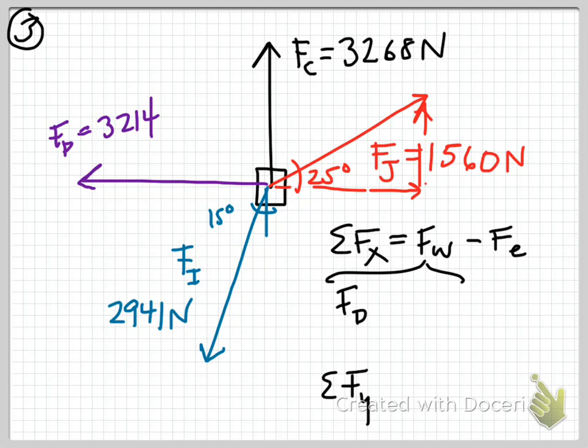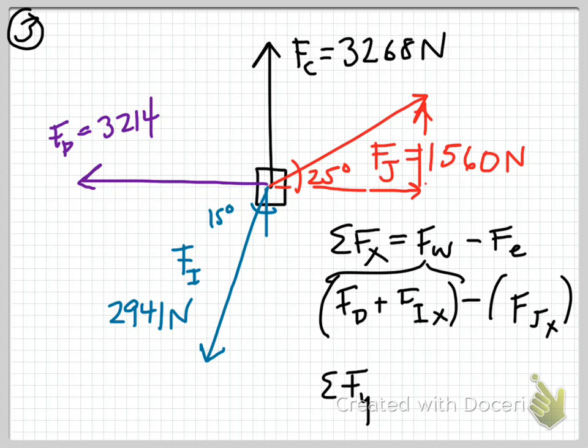Is there anything else to the west? Yes. Plus the force of Isaac on the x. What forces do we have to the east? We have just the force of, is that Jacob? On the x. Okay. So this is simple trig stuff, and I think most people got the net force right.